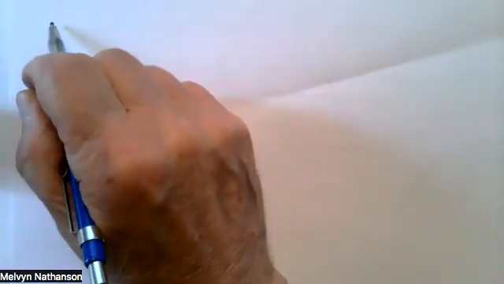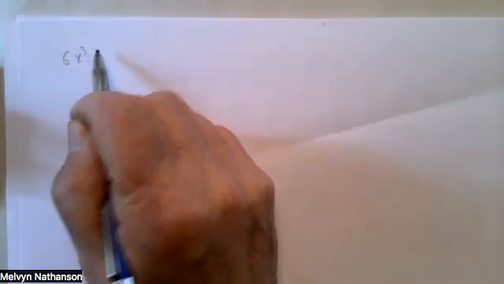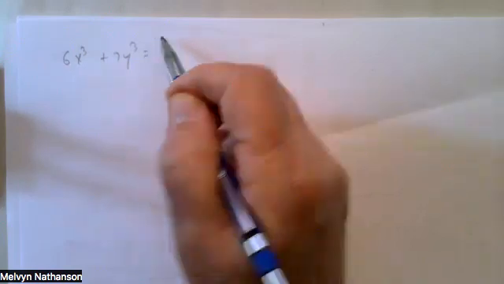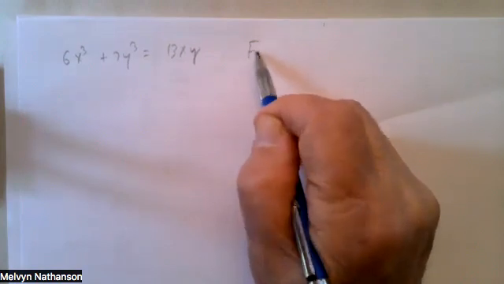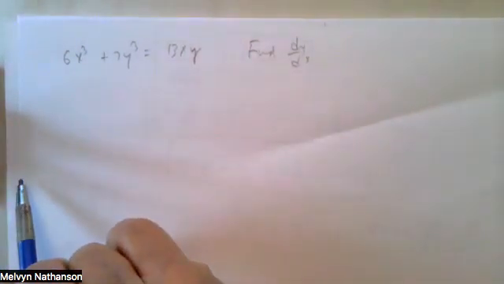Suppose we have a curve given by the equation 6x cubed plus 7y cubed equals 13xy. So we want to find dy dx.